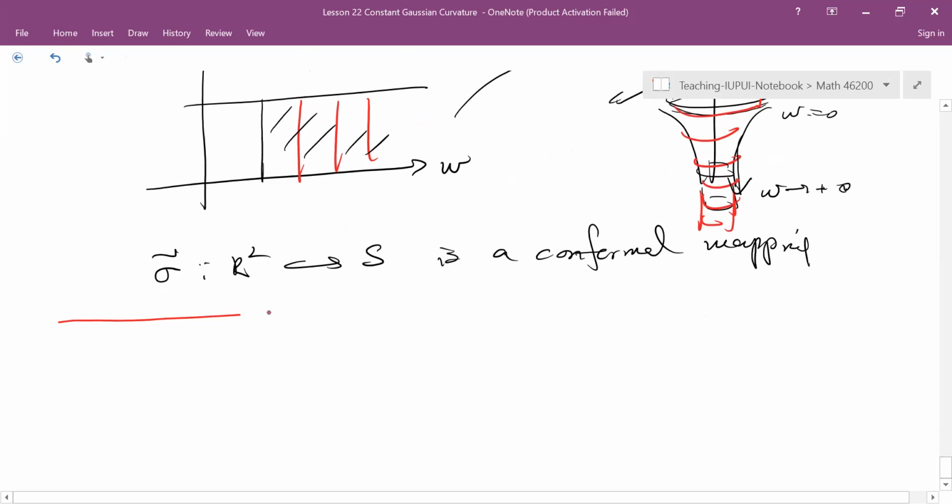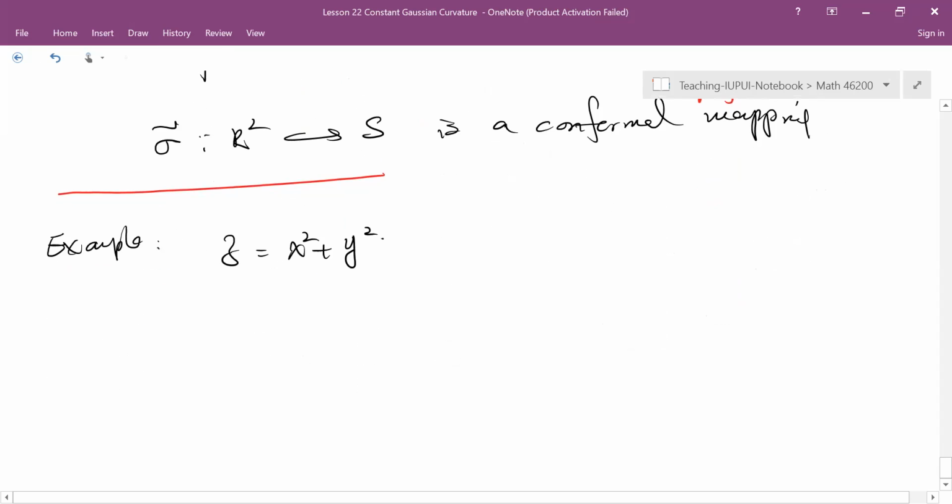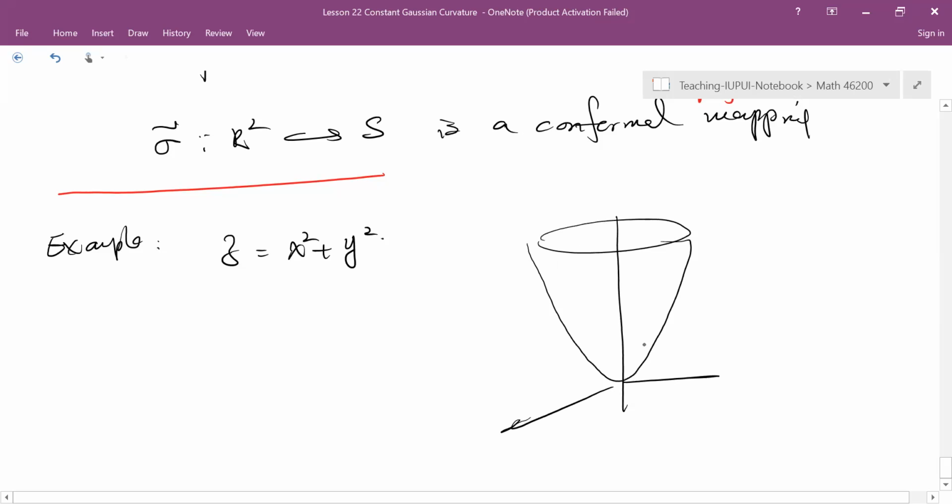Let me briefly talk about another example. If we consider the surface, the graph, this is a parabola. This is actually a special surface of revolution, right?